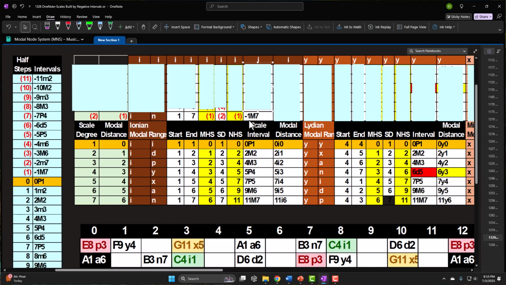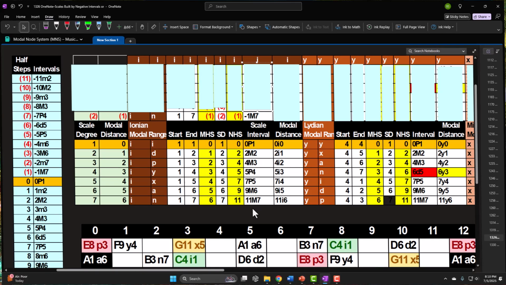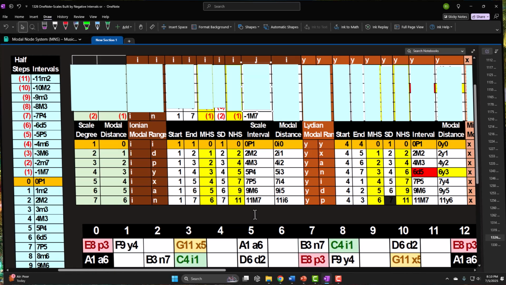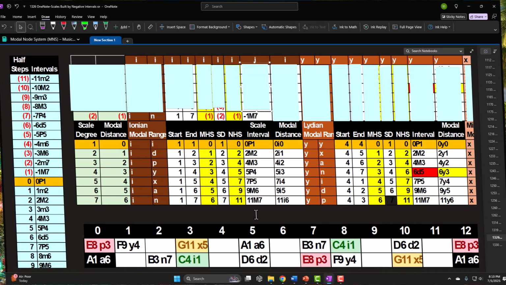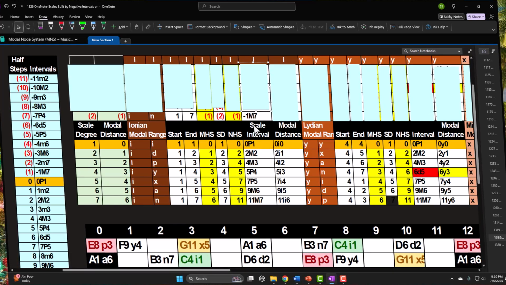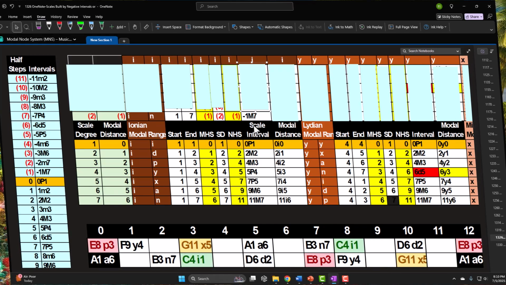Why major 7? Because if we take 12 minus 1, we would get 11. So in the clockwise direction, I know that 11 would be a major 7. Therefore, when I go counterclockwise, I'm going to say that the major 7 could be either going 11 forward or -1. That's how you shoehorn directionality into the current system, which doesn't really have it because we lose the scale degrees.